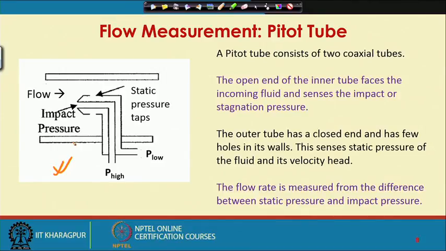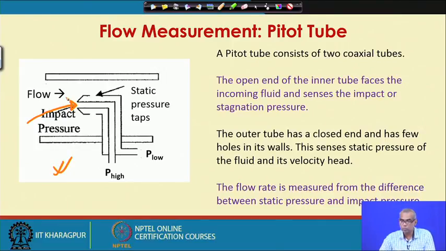The open end of the inner tube faces the incoming fluid and senses the impact or the stagnation pressure. So, this is the stagnation pressure or impact pressure. So, this is the total pressure.